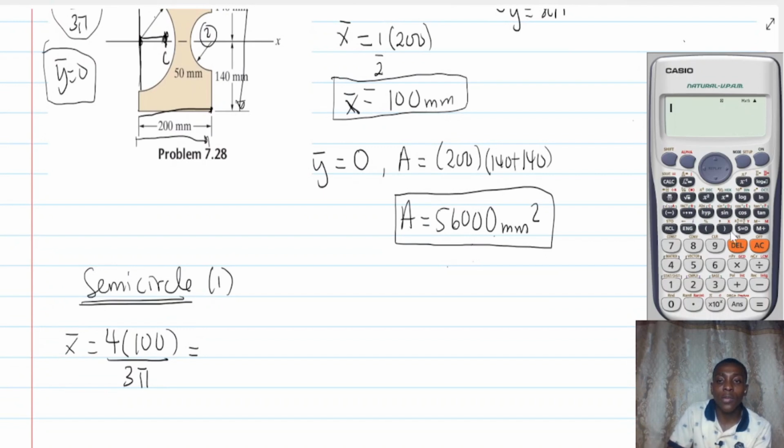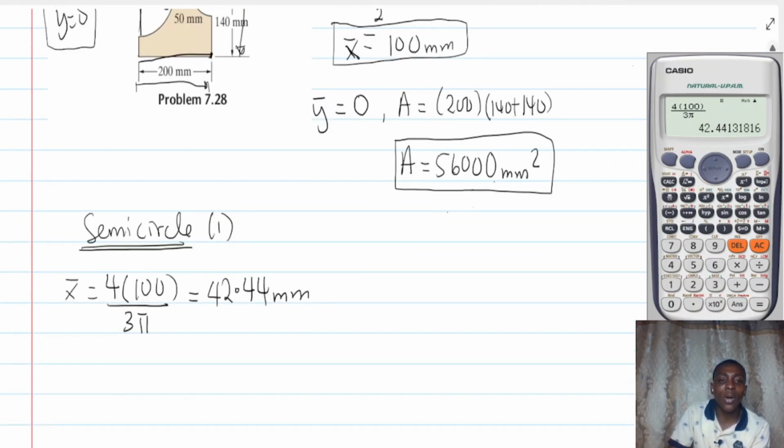So it's 4 multiplied by 100 divided by 3 multiplied by pi, which is 42.44 millimeters.